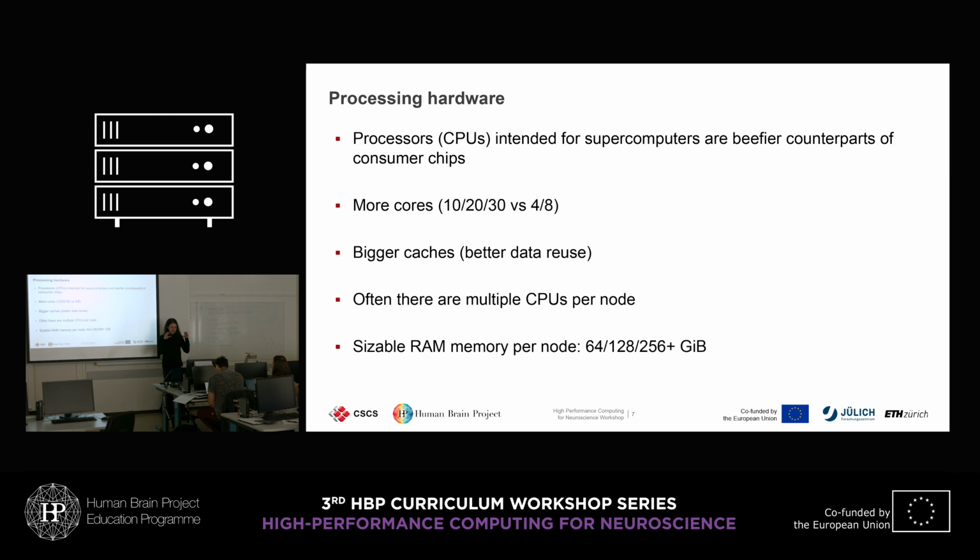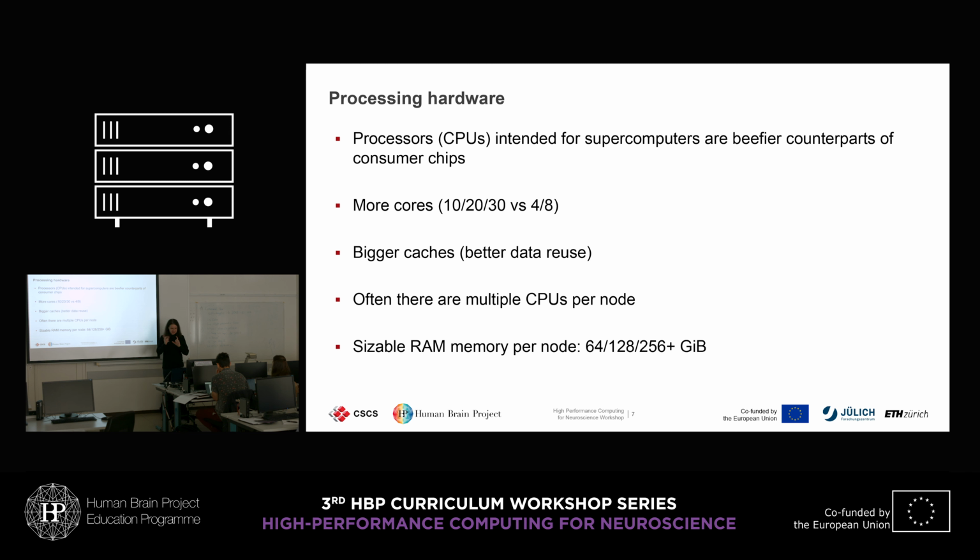Okay, so let's stay at the very lowest level. Let's talk about what the key components inside a node are. What makes the supercomputer tick? Let's talk about the processors, the processing hardware. Generally, the processors for supercomputers are more capable counterparts of normal consumer processors.